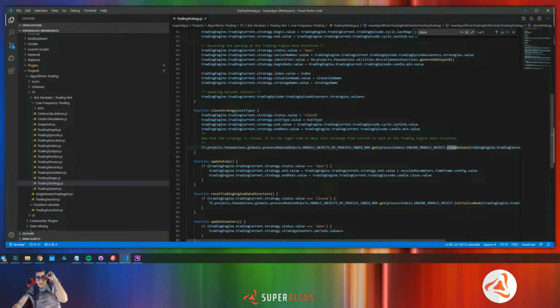Now that the strategy is closed, it is the right time to move this strategy from current to last at the trading engine data structure. So for that we do all those.